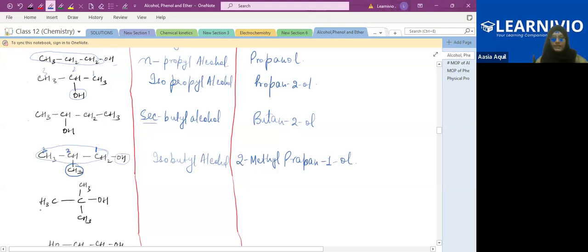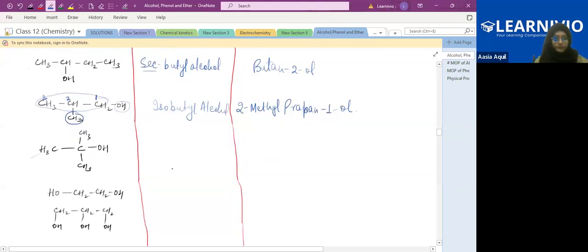Next, Anisa. Common name tertiary butyl alcohol. Yeah, very good. And the IUPAC name would be 2-methylpropan-2-ol. Yes, very good, it's correct. Okay, so it's a tertiary structure, right?